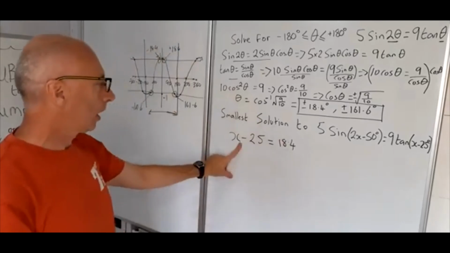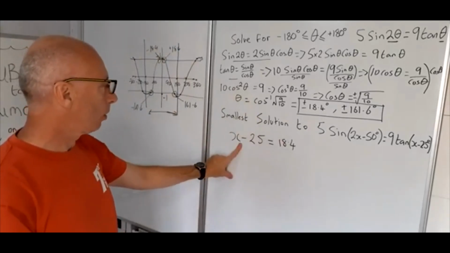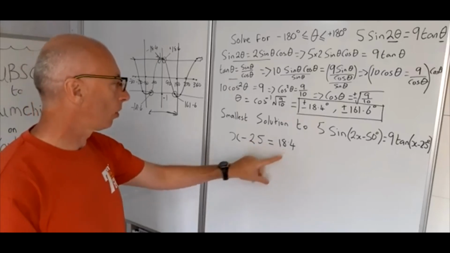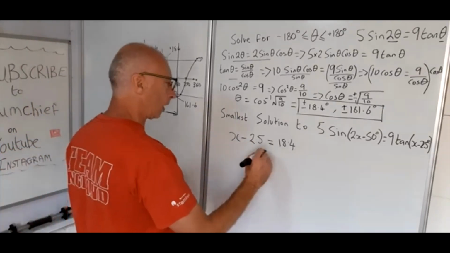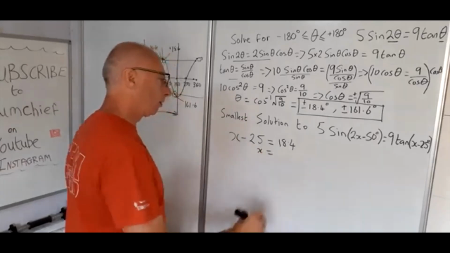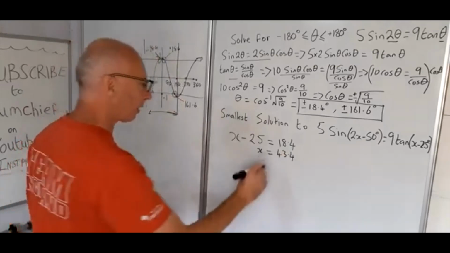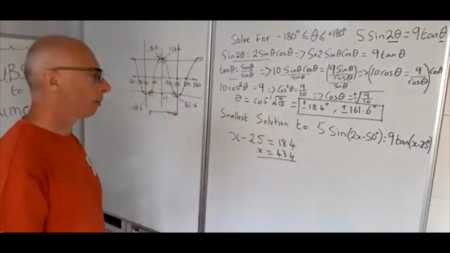What would x equal here? What subtracted from x to be minus 25 gives us 18.4? Well, x would be 43.4. Okay, that seems a little high. Let's try another one.